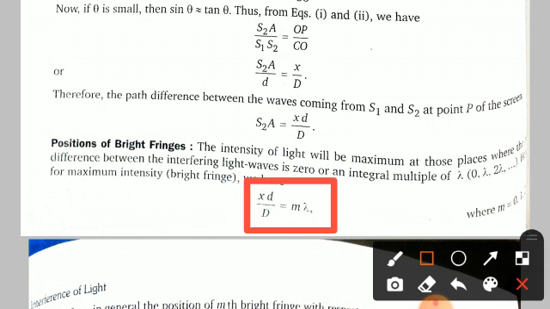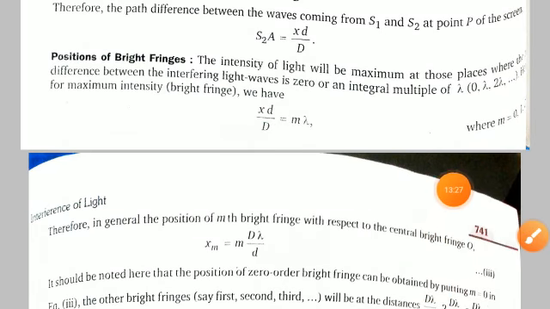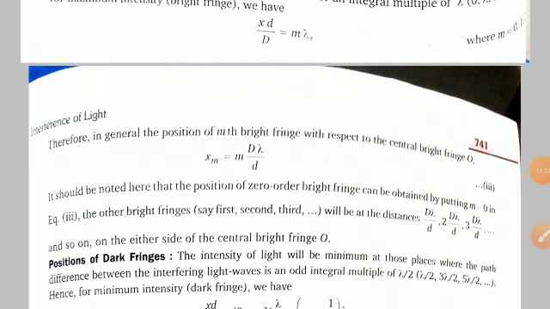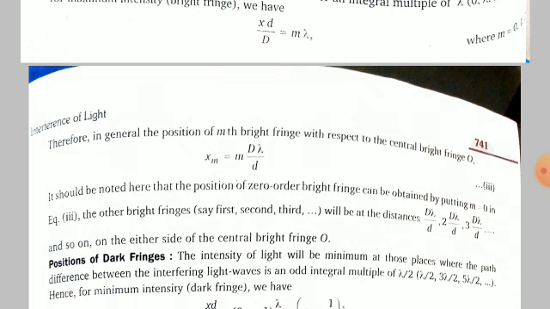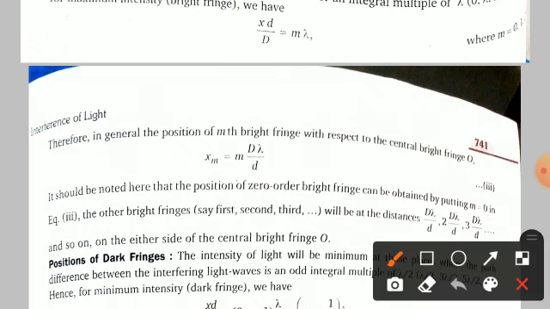Therefore, the position of the mth bright fringe with respect to the central bright fringe O is xm is equal to mD lambda by small d. This is the relation.